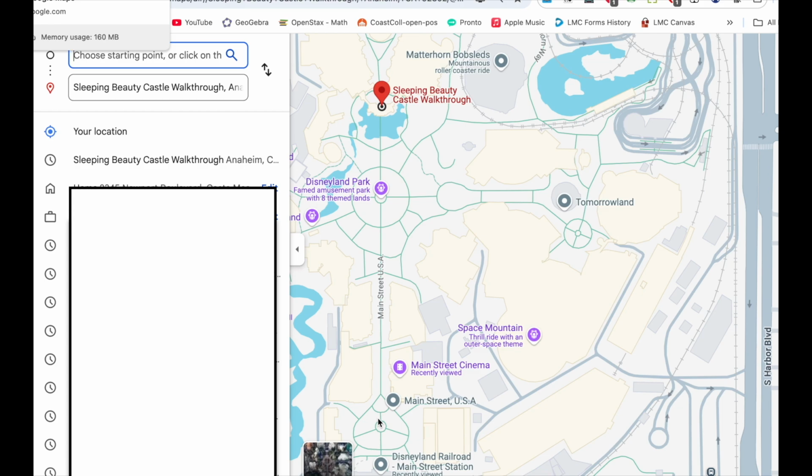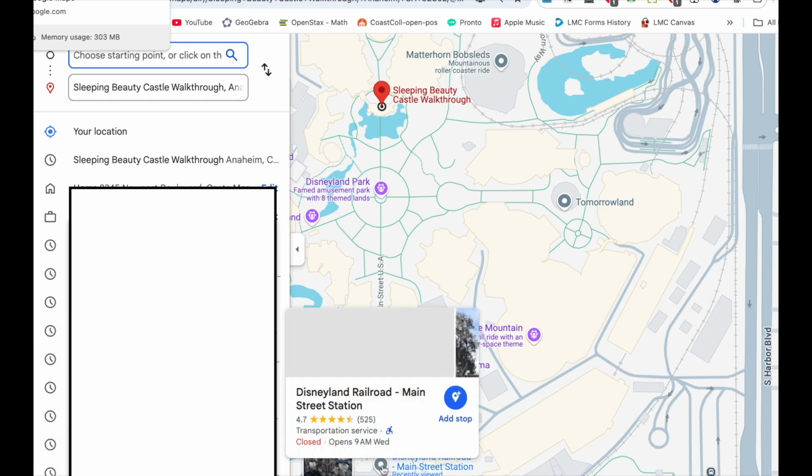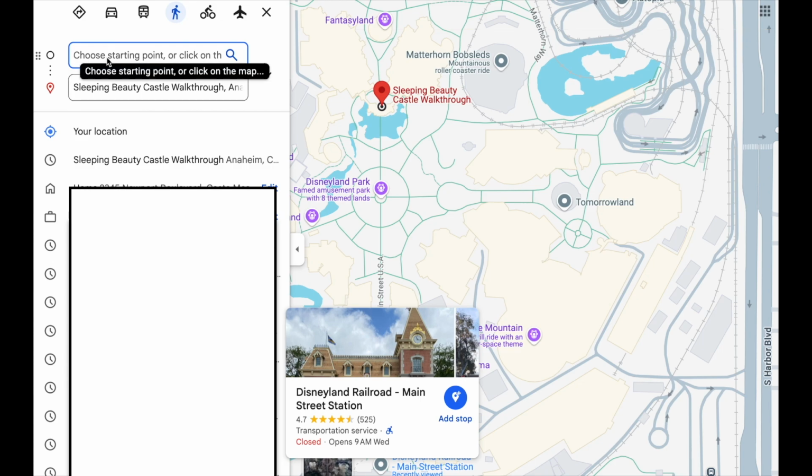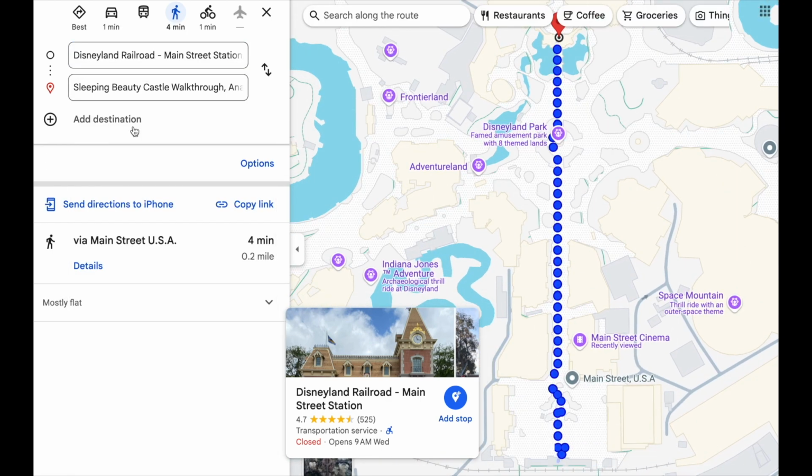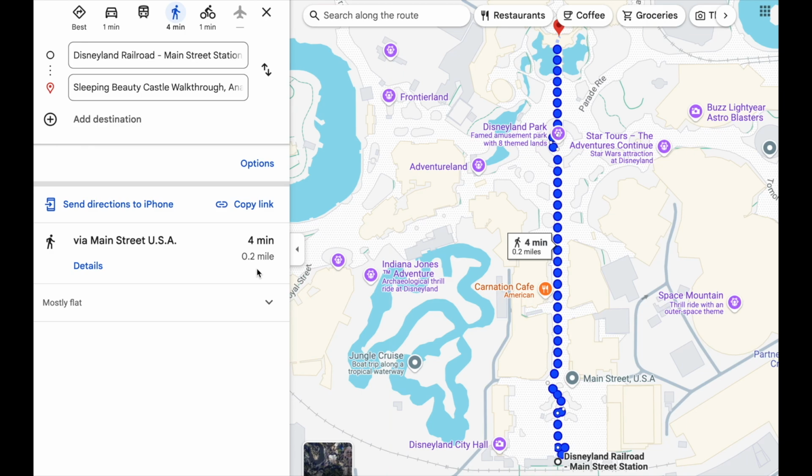And a conversion, which you can do on your own or trust me on this, it's about 0.11 mile. So let's see, I'm going to guess at this. Let's see all the way to the railroad. So let's go to Disneyland Railroad right here. And you can see that's 0.2 miles.